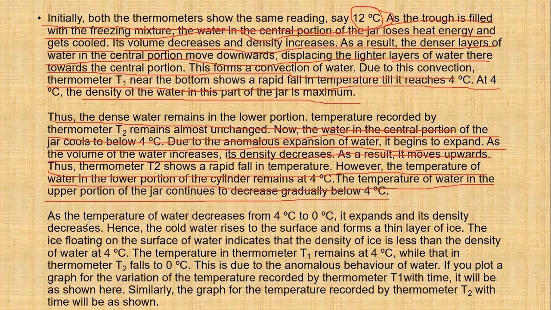As the temperature of water decreases from 4 degrees Celsius to 0 degrees Celsius, it expands and its density decreases. Hence, the cold water rises to the surface and forms a thin layer of ice.